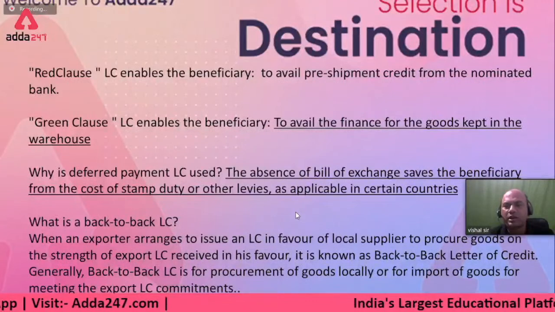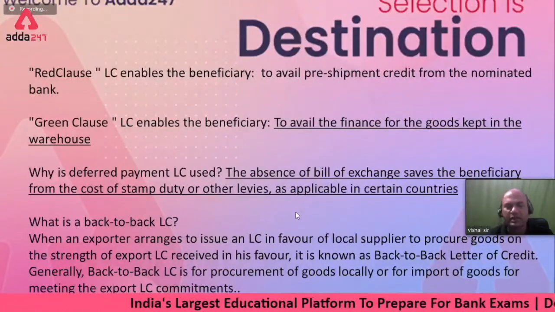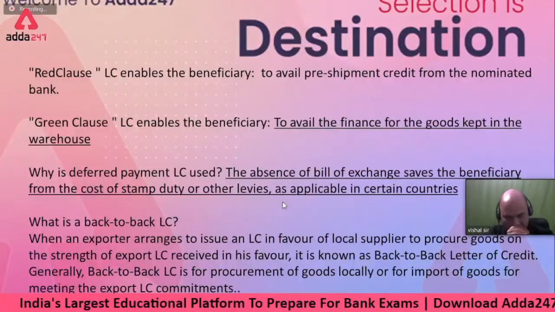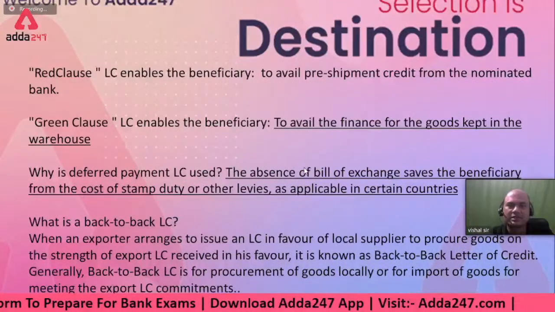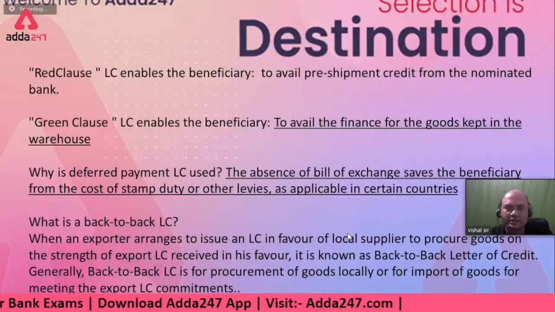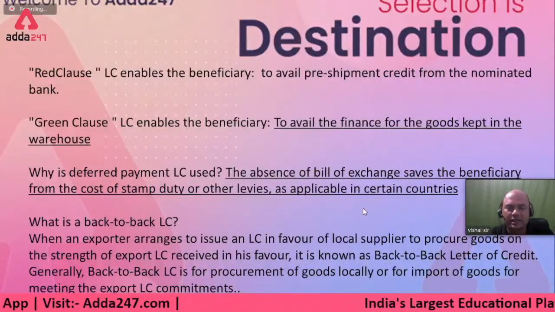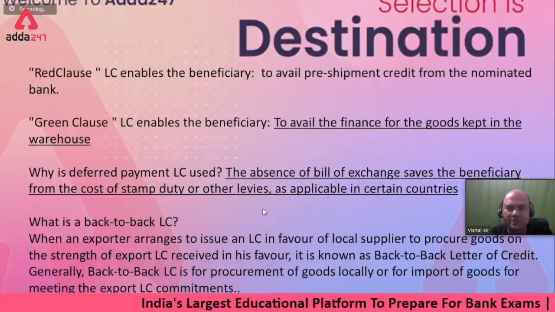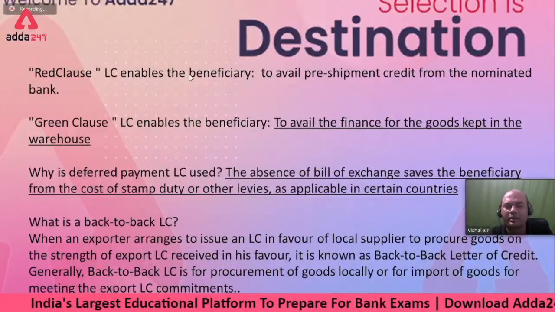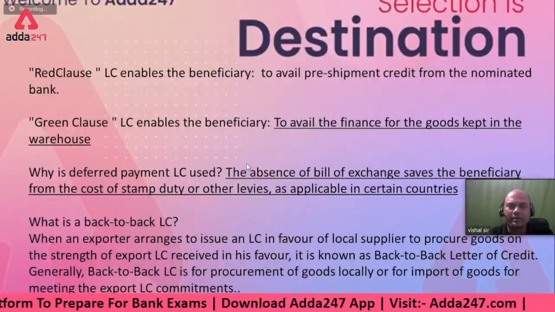What have we covered up till now in today's session? One is the important types of LC. It's not all types of LC. There are various types of LCs. I can go up to standby LCs, and there also somebody can go to direct payment LCs. There are various types. Okay, but these are the important ones used in the business, and these are the important ones we face in the banks, and for the CAIIB exam also.